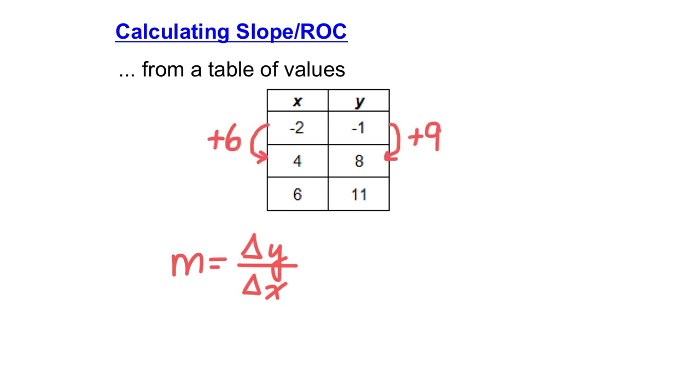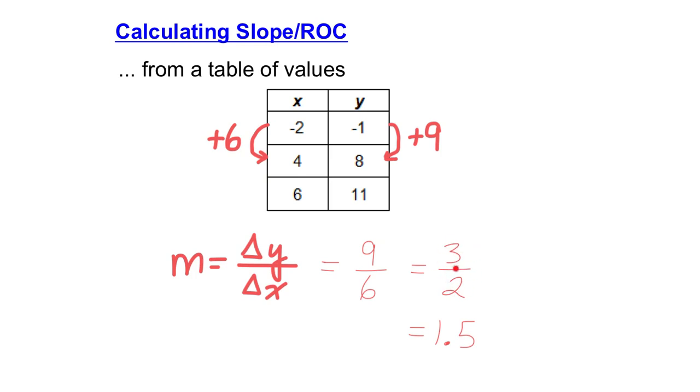So if I take two rows or two ordered pairs on this function and I find the change in y and the change in x, I can then use those values to calculate the slope. The change in y is 9, the change in x is 6, so 9 divided by 6 in lowest terms is 3 divided by 2.